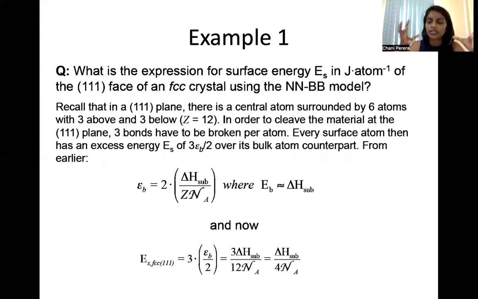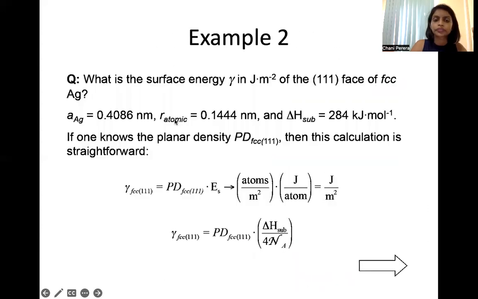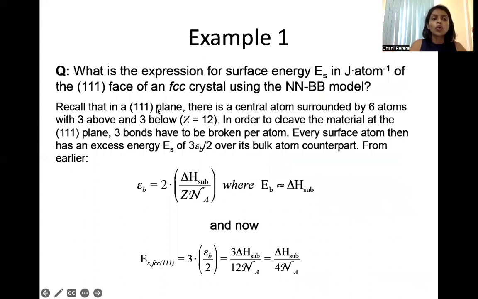Take the FCC, with atoms in the corners as well as in the faces. If you want the 111 plane, you have to cut that unit cell diagonally. The central atom is surrounded by 6 atoms.